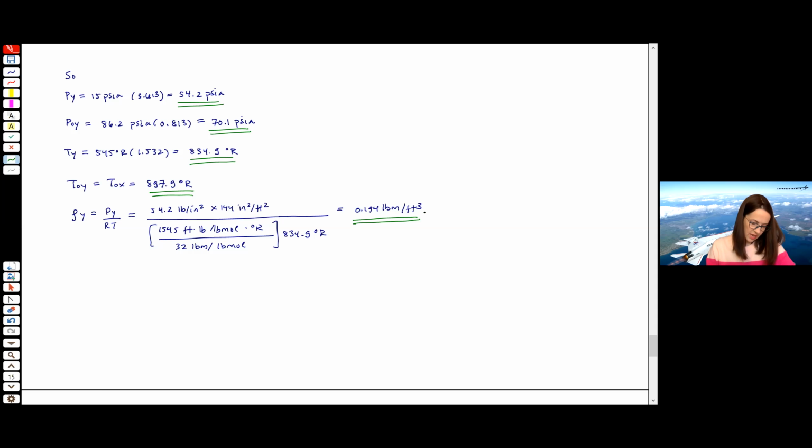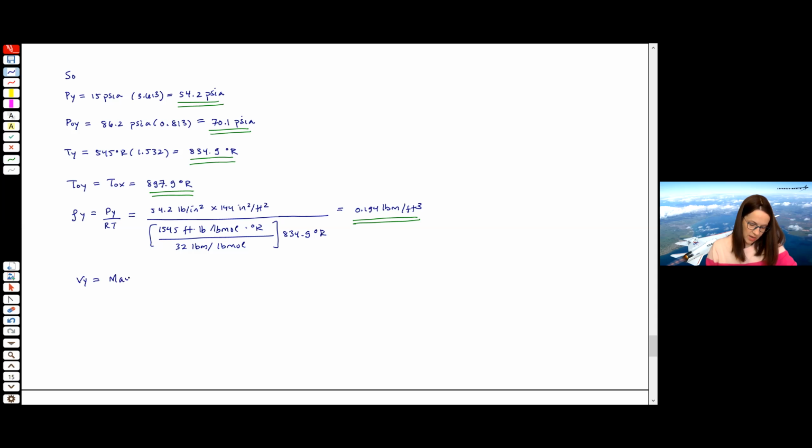And then finally, last thing is the downstream velocity, V sub Y. Now, it's not tabulated what the downstream velocity is, but we can use the Mach number and the equation that we have for the speed of sound in an ideal gas, right?